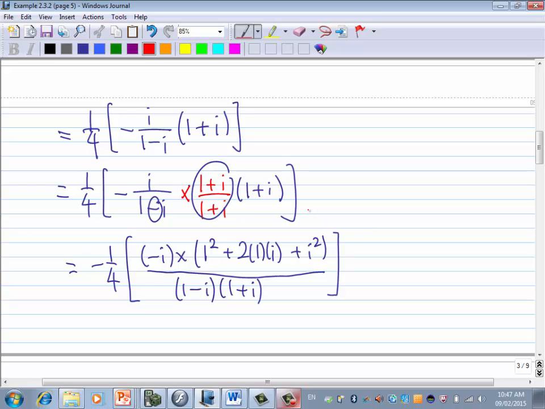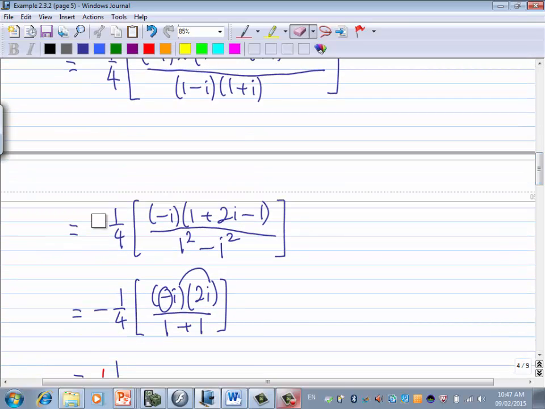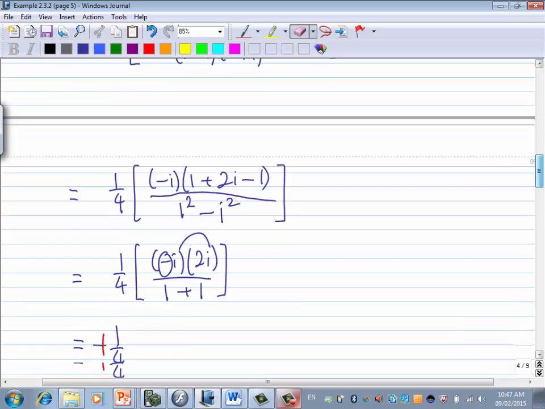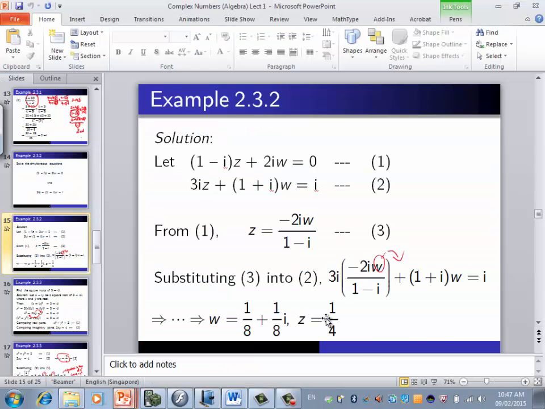Oh, okay. I added an extra negative sign here. There wasn't any negative sign here. So the answer is this one. Anyway, these are the correct answers. Can?